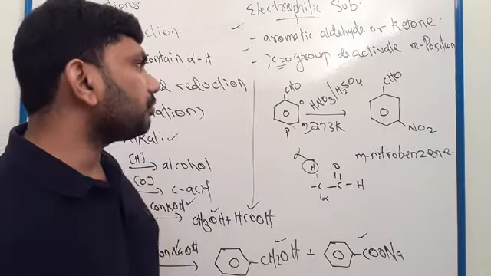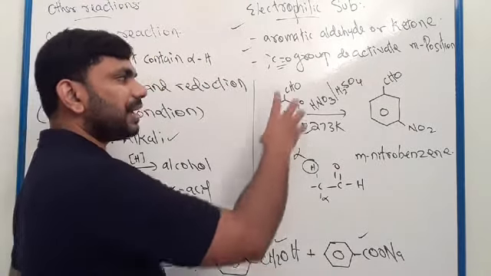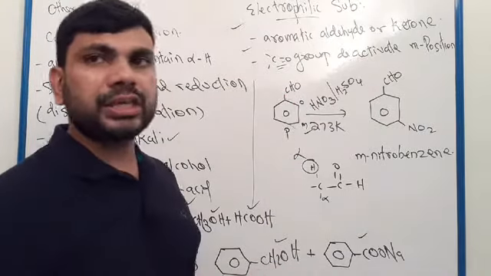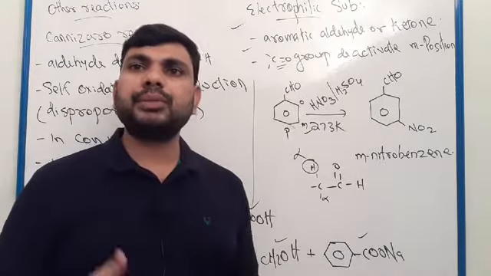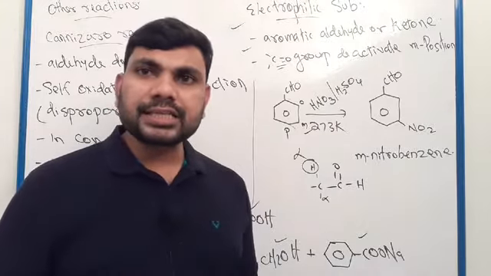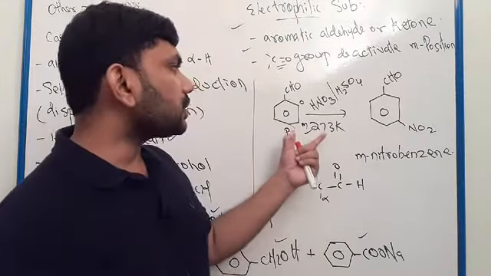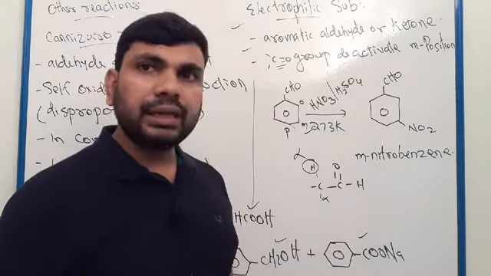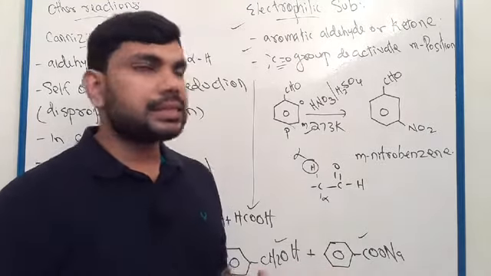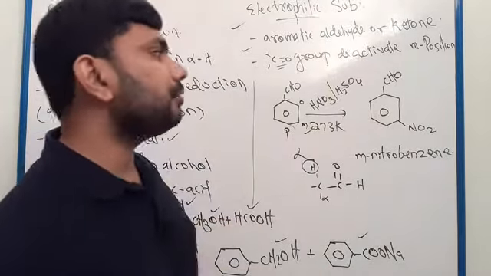Here only one reaction we have to discuss: benzaldehyde treated with a nitrating mixture. Nitrating mixture means a mixture of concentrated nitric acid and sulfuric acid at 273 Kelvin, and meta-nitrobenzaldehyde will be formed.